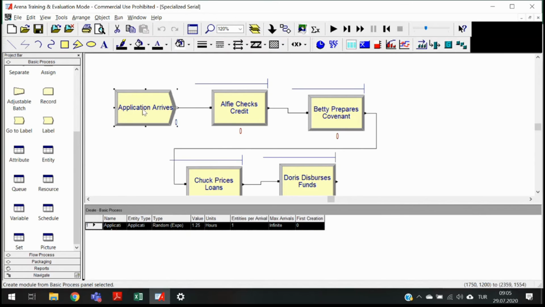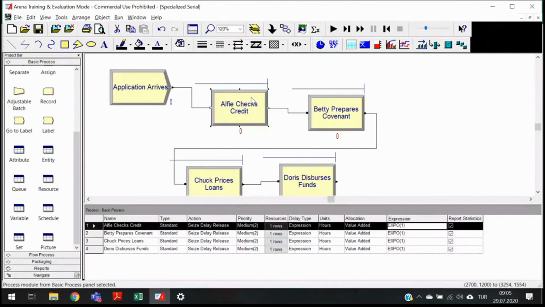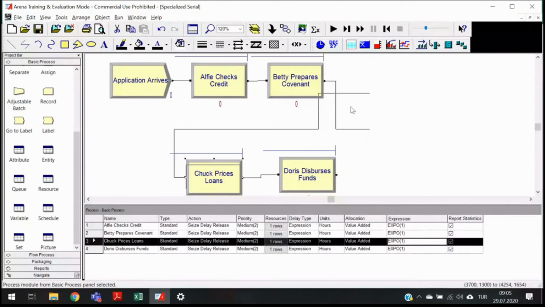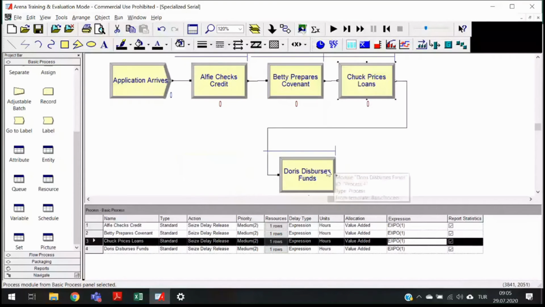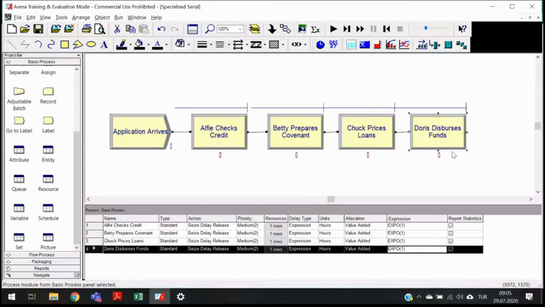But one thing is missing here. What is that? The thing that is missing is the departure, right? Now these entities must leave the system. So we are going to introduce a dispose module here.